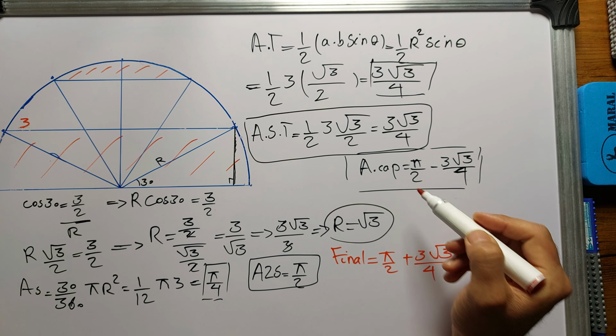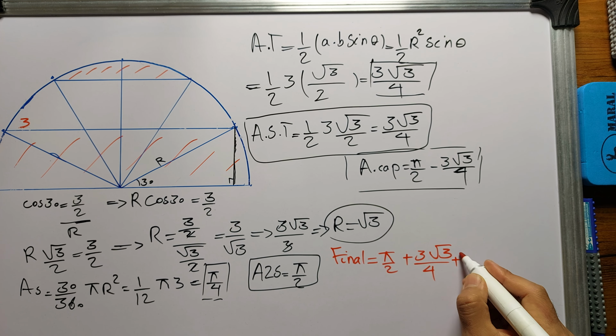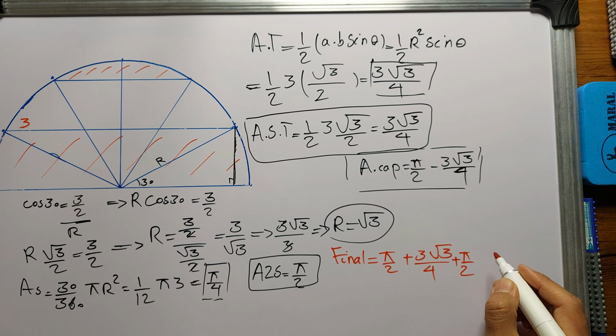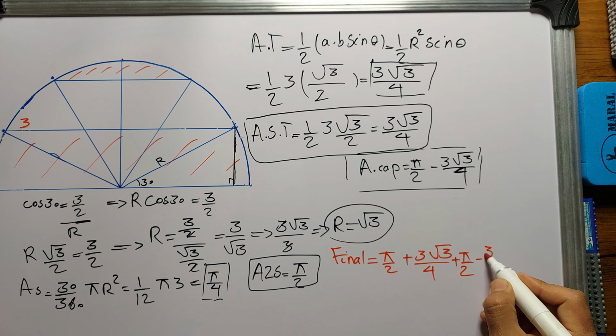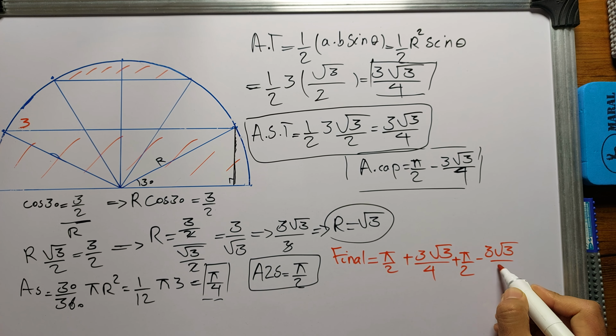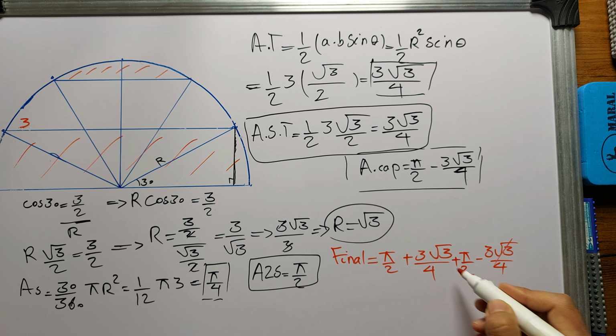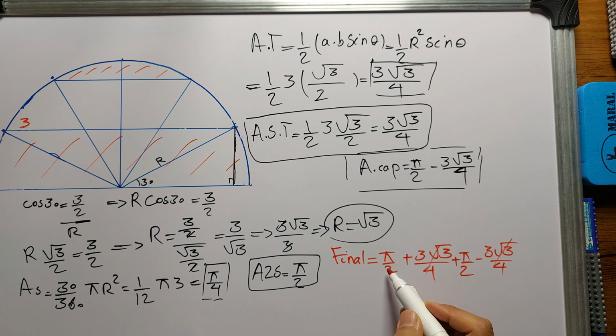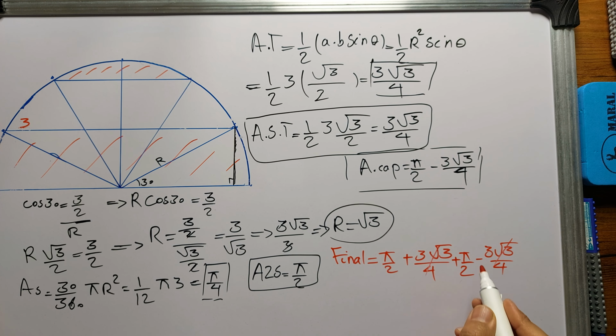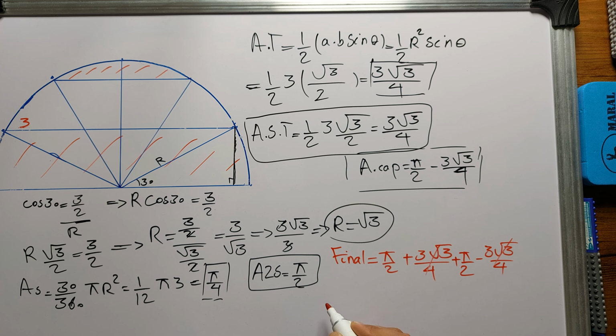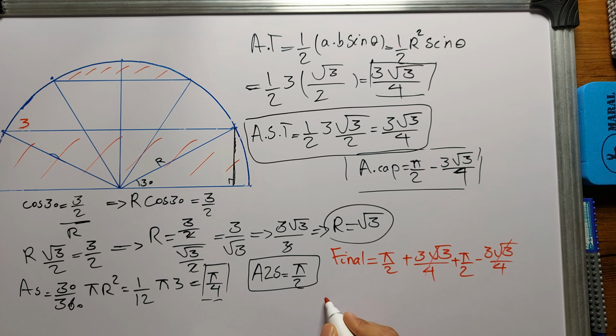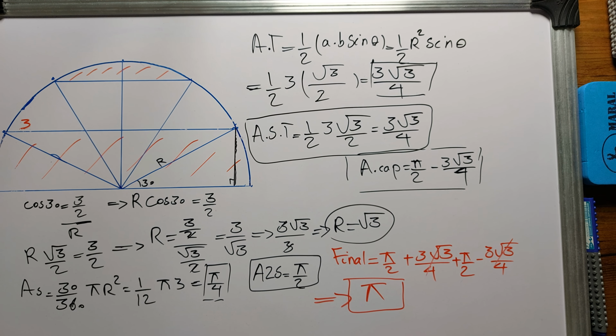And we had the area of the cap, pi over 2 minus 3 square root of 3 over 4. So the two cancel each other out. So the answer is 2 pi over 2. So the final answer here is just pi. So that's the final answer.